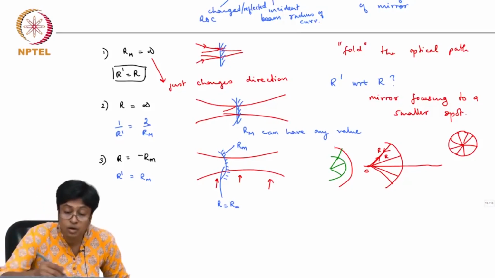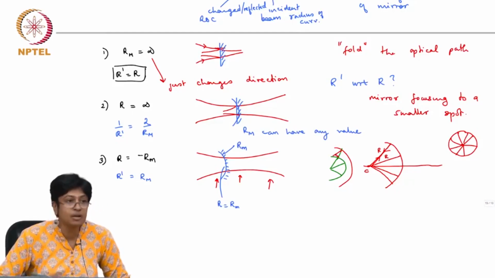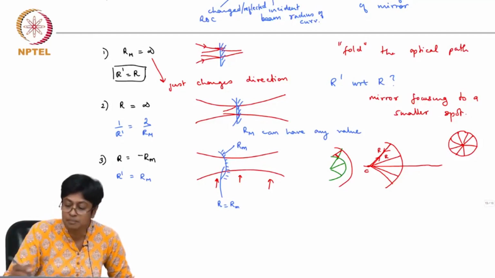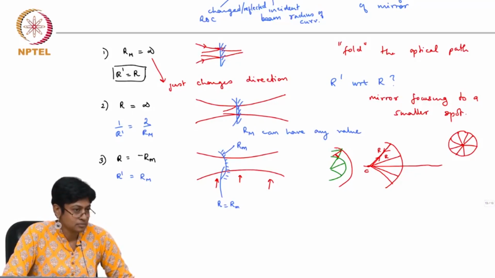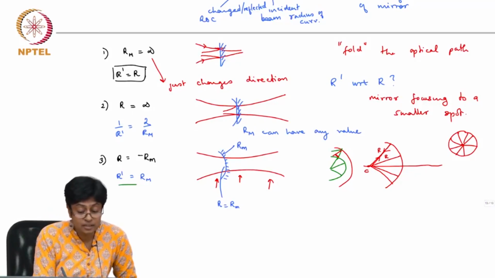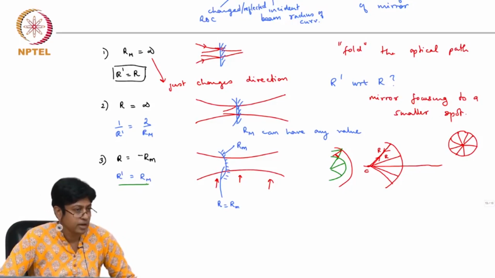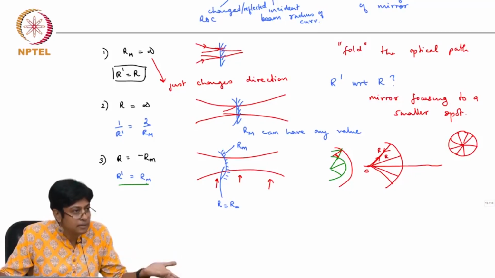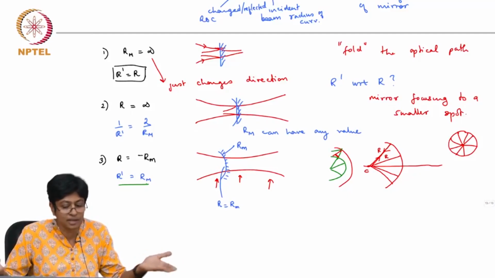So now the mirror normal would have been something like this, and I have an angle of incidence here. And the moment I have an angle of incidence, it means that this would reflect. But in this case, the normal of the wavefront, which are nothing but the rays, and the normal of the mirror lie exactly over each other, because the radii of curvature of the wavefront and the mirror are the same.